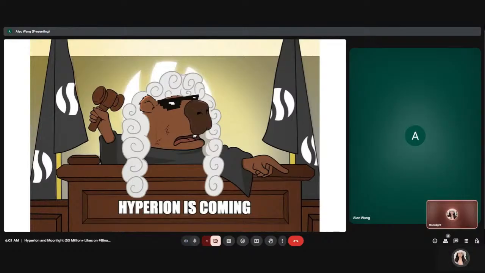Hyperion is not just another DEX, but it's aiming to become the unified liquidity and trading layer for Aptos. Alec has the deck ready, so that's a lot to unpack here, and let's get right into it.